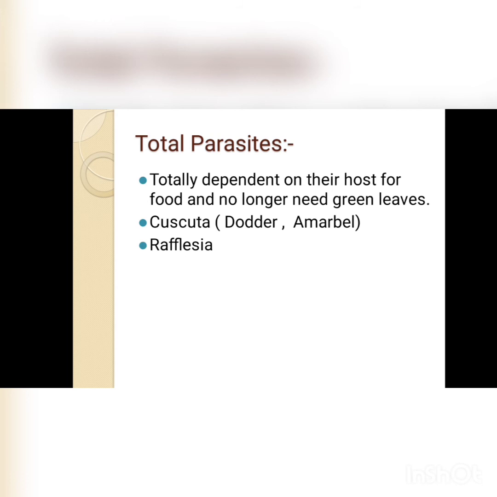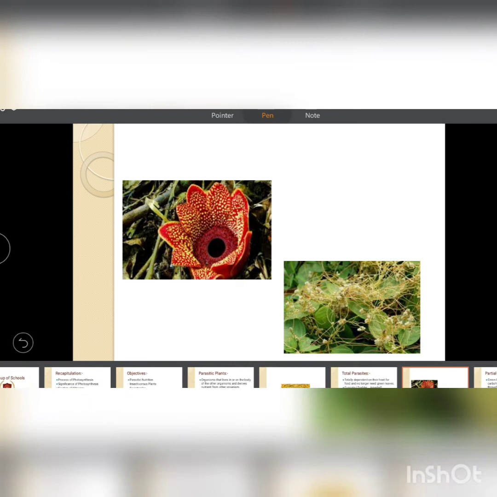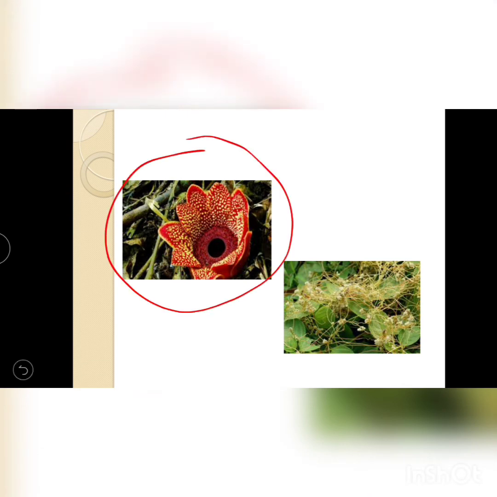Examples of total parasites are the Cuscuta plant and Rafflesia. Observe the pictures. This flower is Rafflesia. It is the largest flower, and I hope all of you know that Rafflesia is the largest flower in the world.